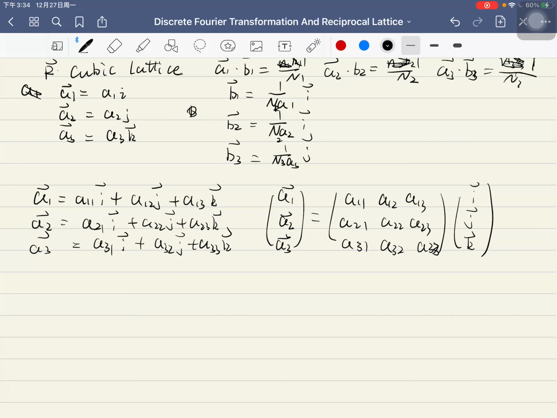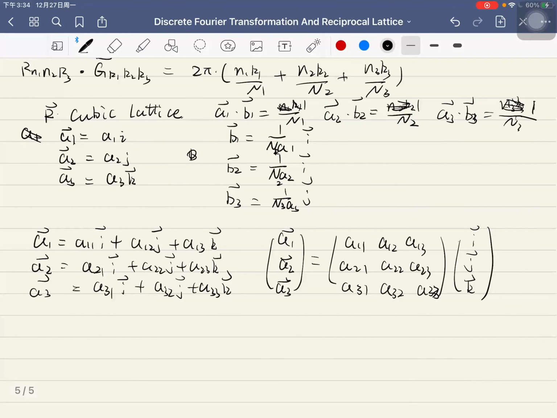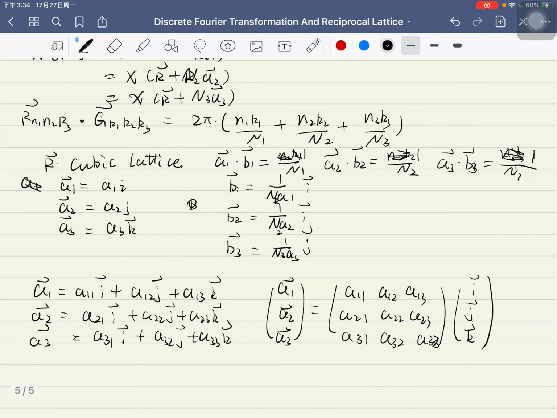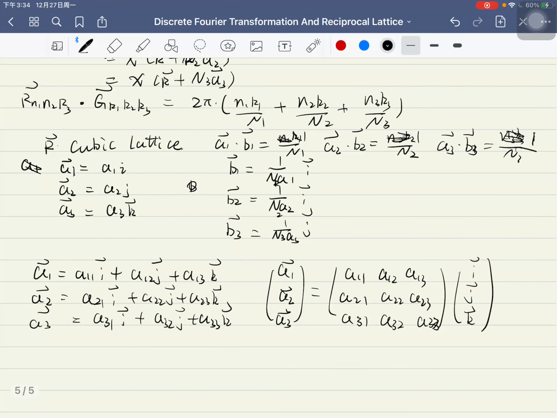Here we make some small mistakes in the notation.